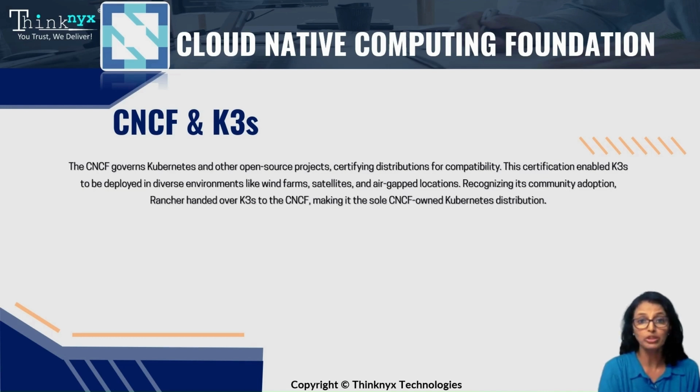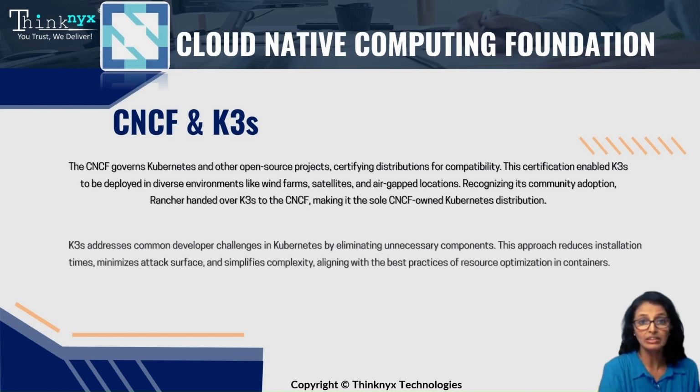Interest picked up from governments who wanted to use K3s in air-gapped environments that would benefit from its minimal attack surface. Realizing that what started as an internal project with a limited scope was now in the hands of the community, Rancher handed over K3s to the CNCF. Rancher K3s was shortened in name to K3s, and it is the only Kubernetes distribution in the CNCF landscape that is owned by the CNCF.